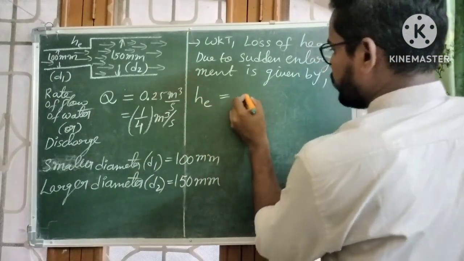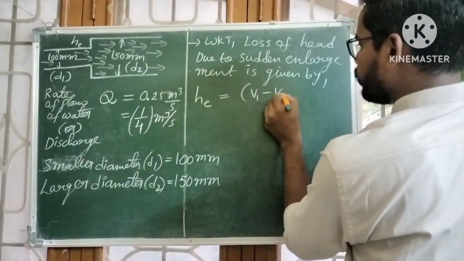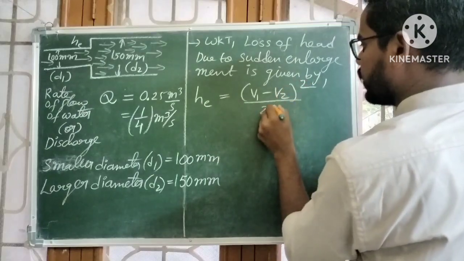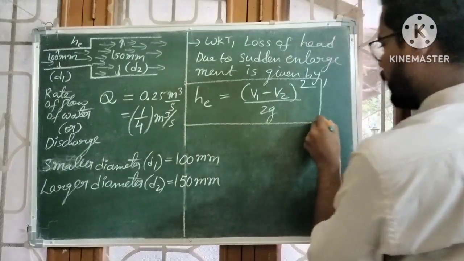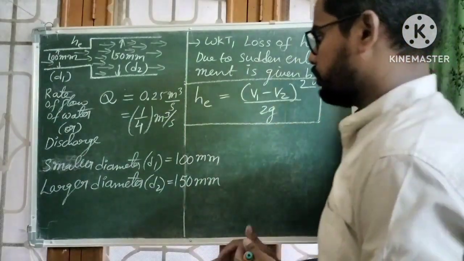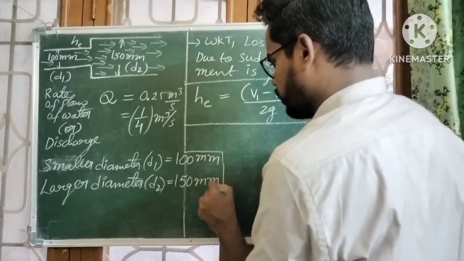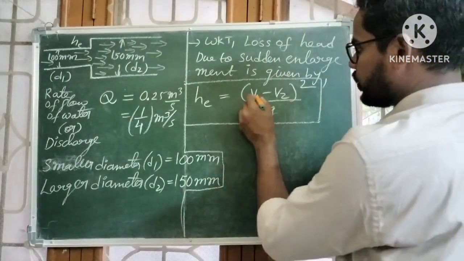HE formula: (V1 minus V2) whole square by 2g. This is the formula for loss of head due to sudden enlargement. This is one of the major losses in the pipe. So what is V1 and V2?